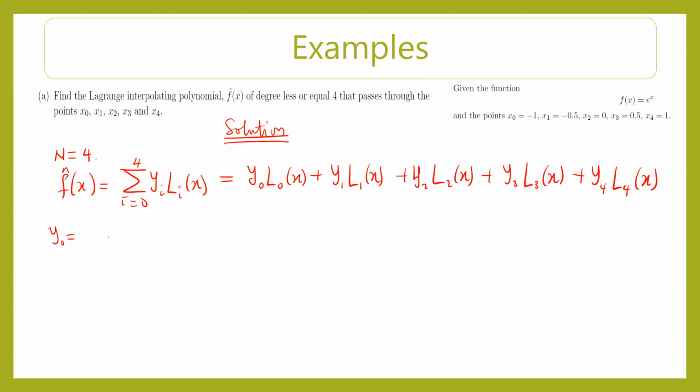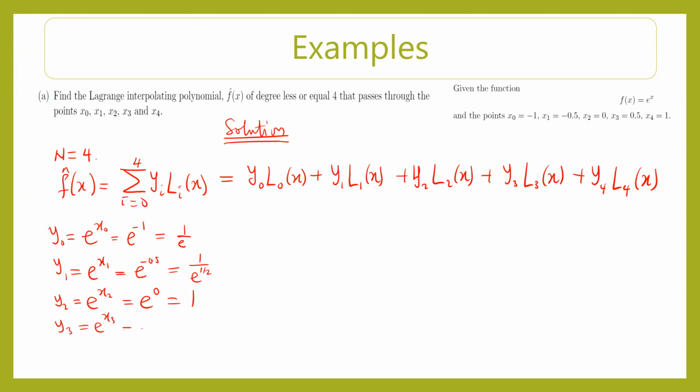So y0 will be e to the power x0, which is e to the power minus 1, which is 1 over e. y1 is e to the power x1, which is e to the power minus 0.5, which is 1 over e to the power 1 over 2. y2 is e to the power x2, which is e to the power 0, which is 1. y3 is e to the power x3, which is e to the power 0.5, which is e to the power 1 over 2.